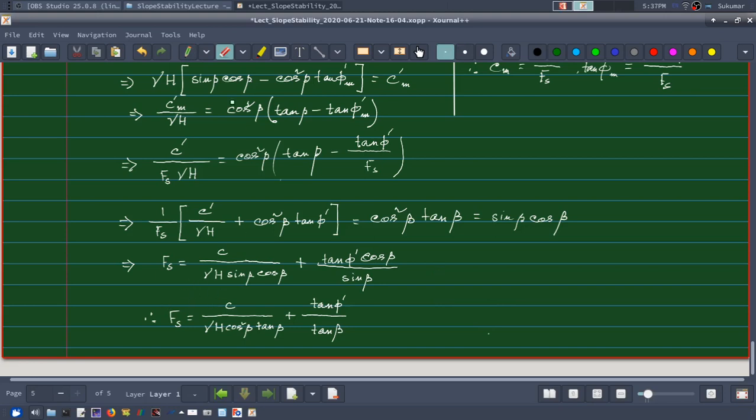Okay, so no further simplification is necessary. In fact, I can keep factor of safety like this. This is my value of factor of safety.